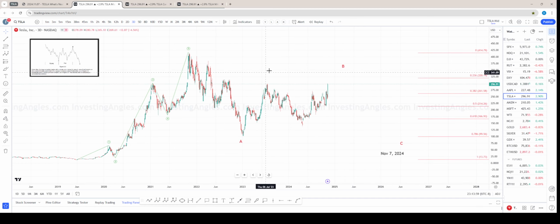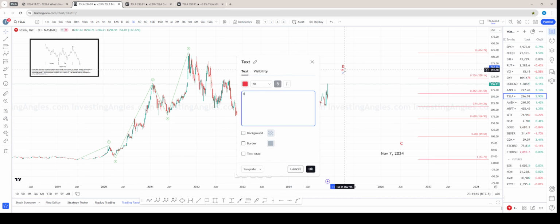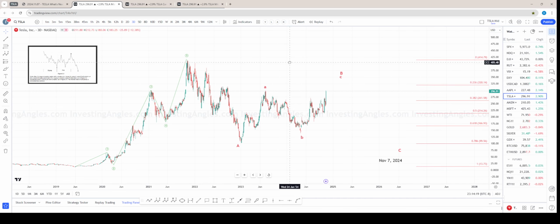So in our case, okay, let's do a few more. Okay, so this is smaller A, so this is wave B, and this is the perspective wave C. Right, so let's see what we can measure.